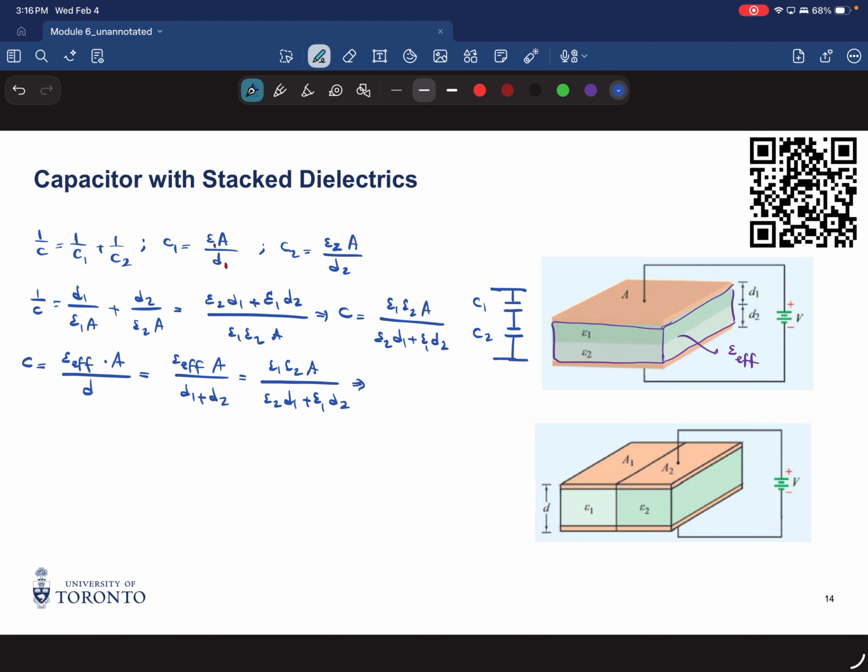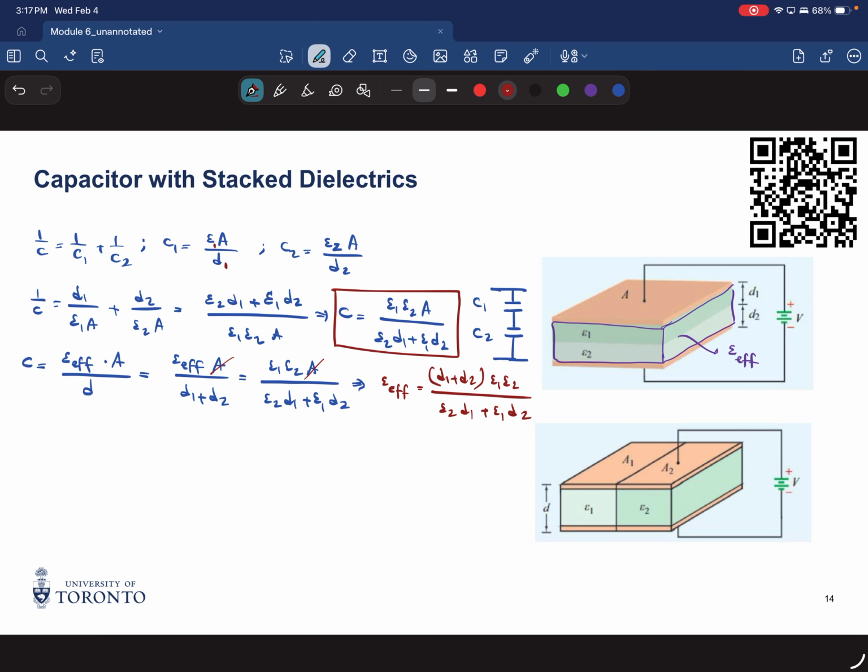So if we simplify this, we found C. That's the end of our problem. But here, we can model this and say epsilon effective is in fact D1 plus D2, times epsilon 1 epsilon 2, over epsilon 2 D1 plus epsilon 1 D2. Is epsilon effective just the total epsilon?